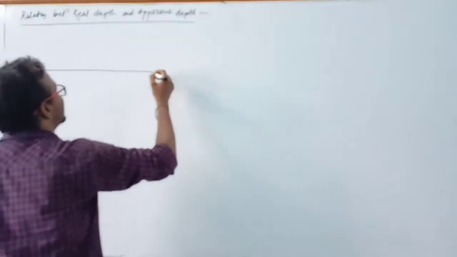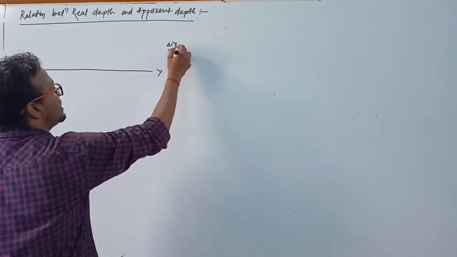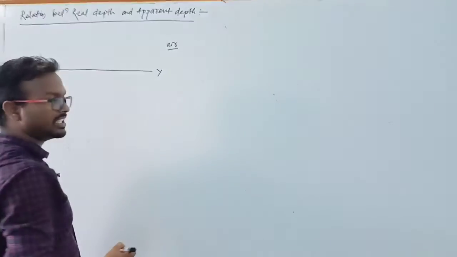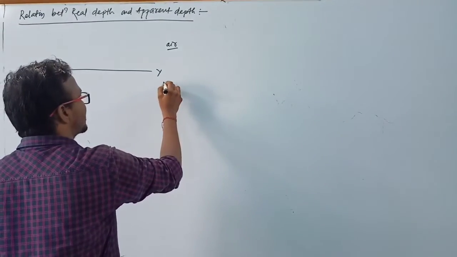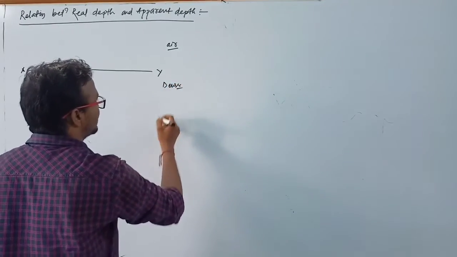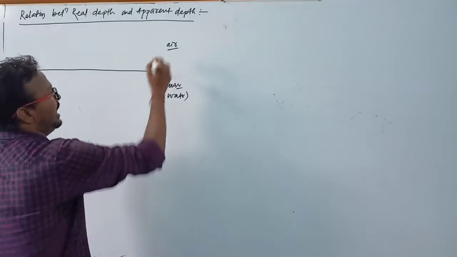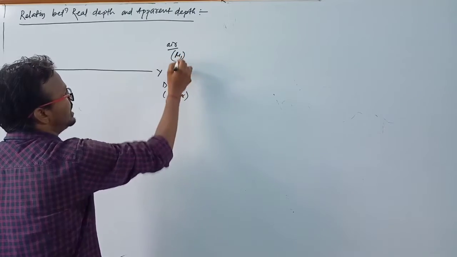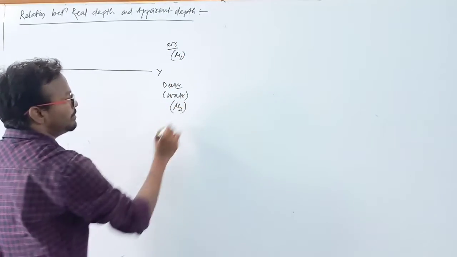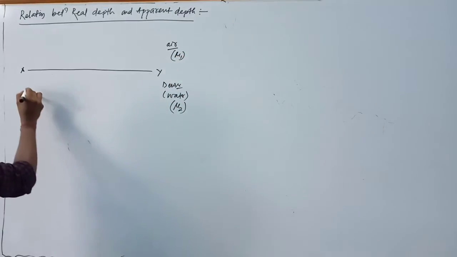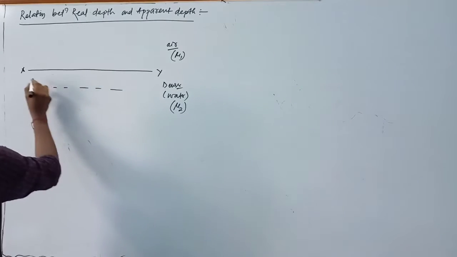Suppose this medium is air and this medium is a liquid or any denser medium, or you can take water. Here the refractive index is mu1, and here the refractive index is mu2, and this is the water medium.